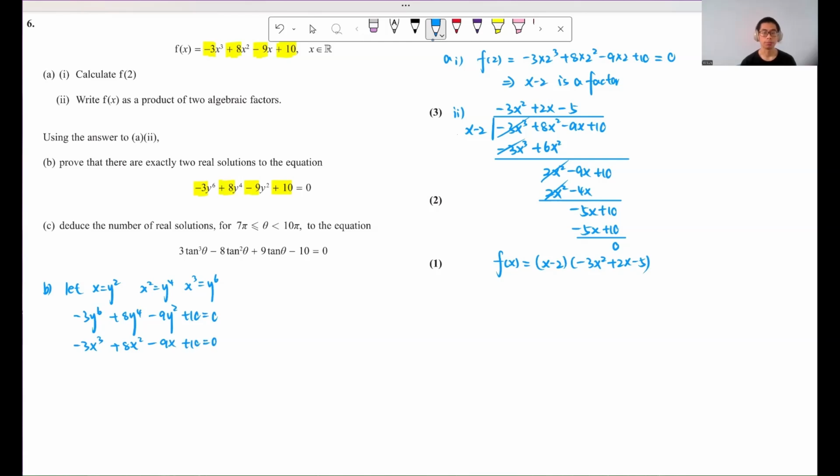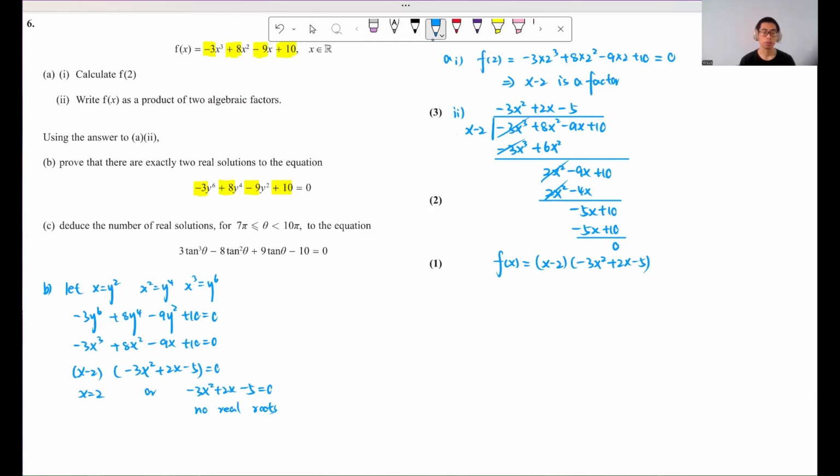So we can use the result from before: x minus 2 times negative 3x squared plus 2x minus 5 equal to 0. So x is equal to 2, or negative 3x squared plus 2x minus 5 equal to 0, which in the calculator gives no real roots. So x equal to 2 is the only solution.